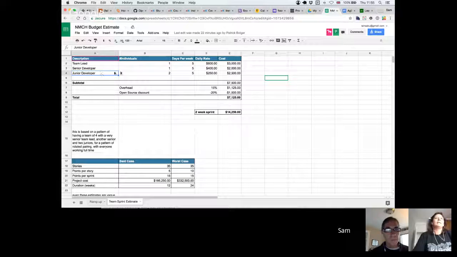This is thrown together based on a 4-person team where people could do pairing rotation. This is the minimum size, based on people working full time, 5 days a week. I would call that one pizza team.